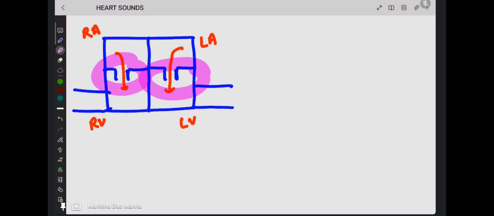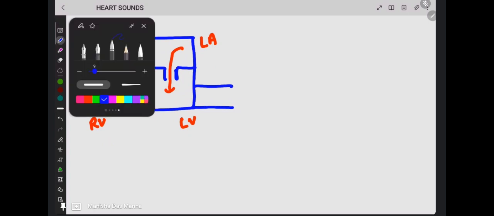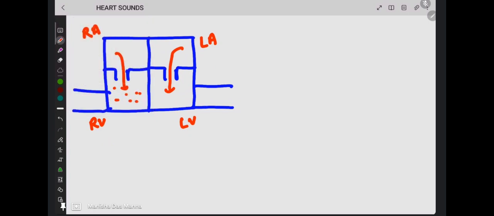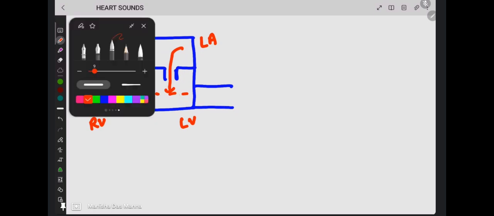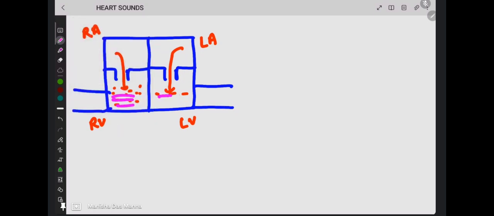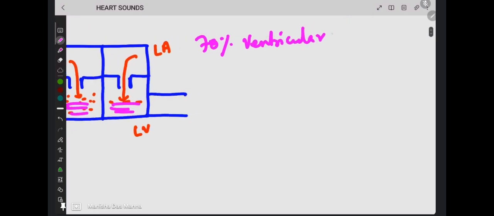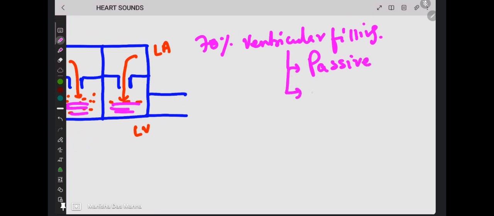generally 70% of the filling of the ventricle is passive filling, that means filling due to gravity.